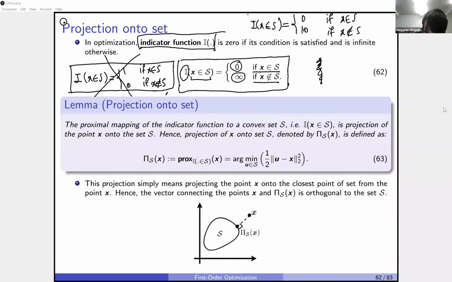This also makes sense. But what is the difference between these two? Can you tell me what is the difference between these two? Well, is infinity not just a larger penalty? Yes, exactly. But why do we want the penalty to be infinity?